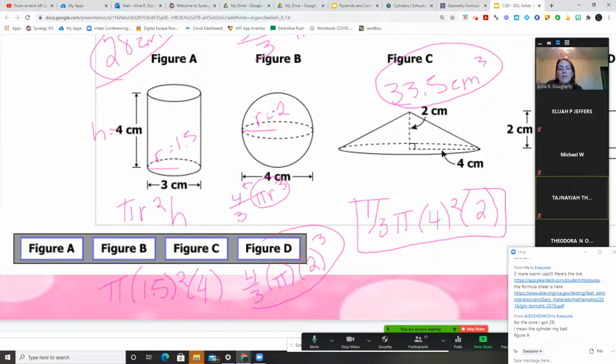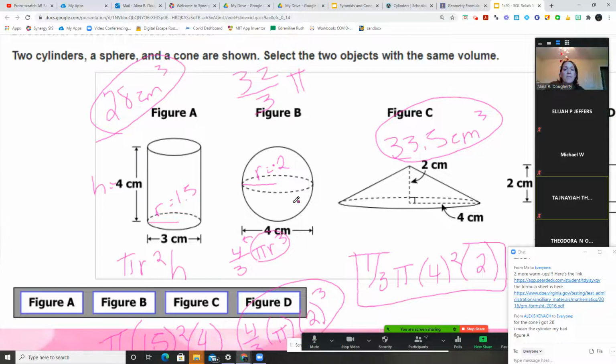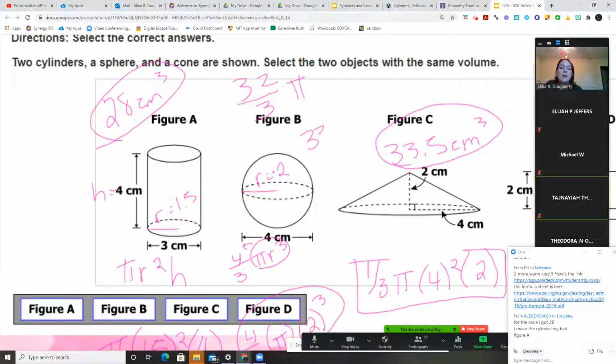If you put all of that into the calculator, 4 divided by 3 times pi, times 2 cubed, you should get 33.5 centimeters cubed. So these two are going to be the same. And I think if you do 32 divided by 3 times 3.14, you get 33.49. So yeah, that's perfect.